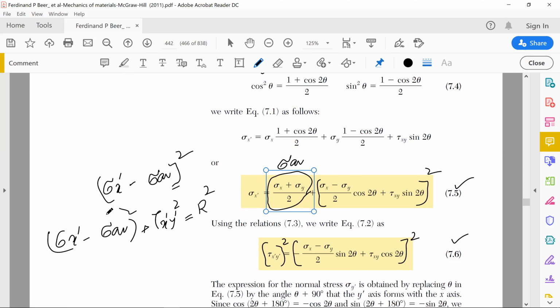This is the equation of a circle we just saw. Instead of a, we now have sigma average, and the rest is r square.